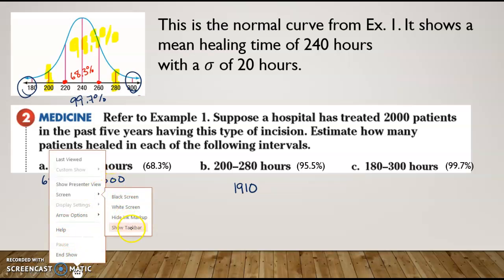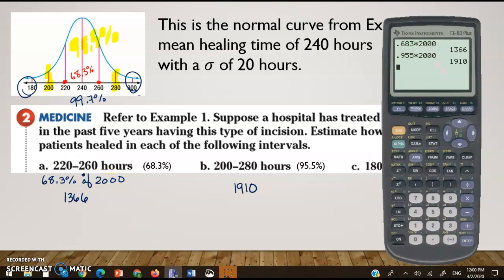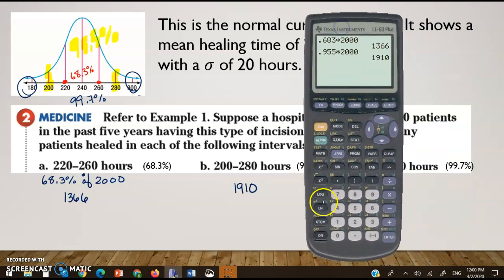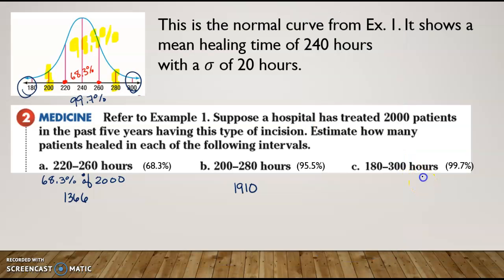And the last one is 0.997. So you have 0.997 times the 2,000 people. That's 1,994. So there are only 6 people at that point that don't fall under this healing curve from having that type of incision.